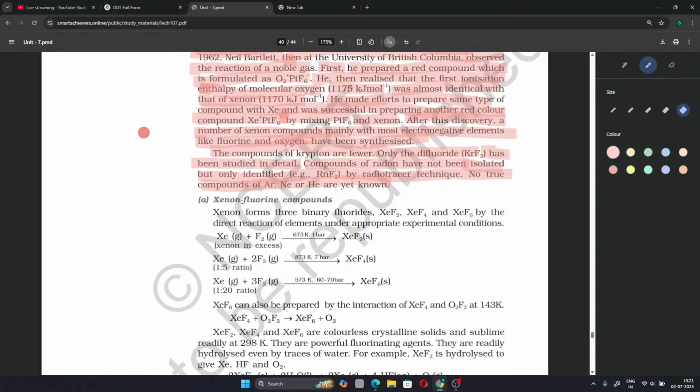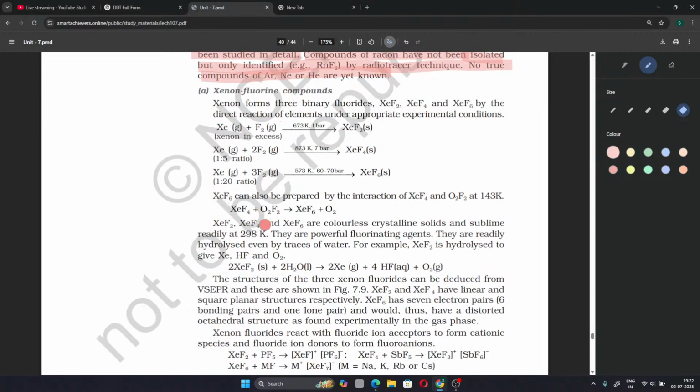We know that compounds of radon exist, but we did not isolate them and study them. This tracing technique is the radiotracer technique. And no true compounds of argon, neon or helium are yet known. True compounds are not yet found or don't exist in normal conditions.